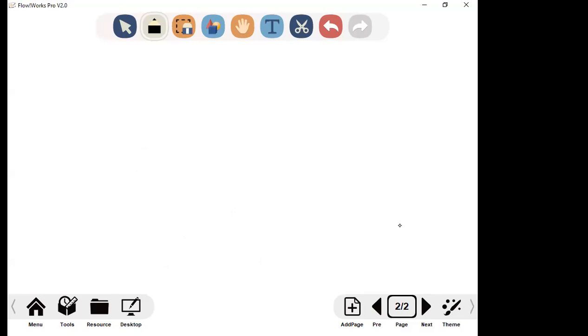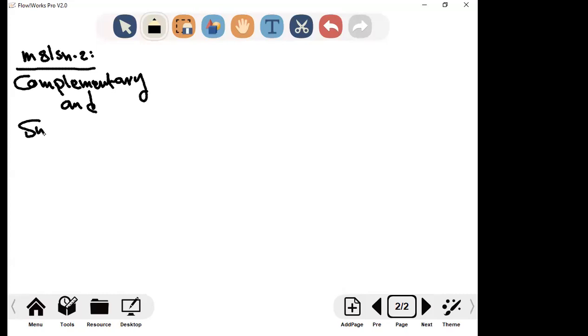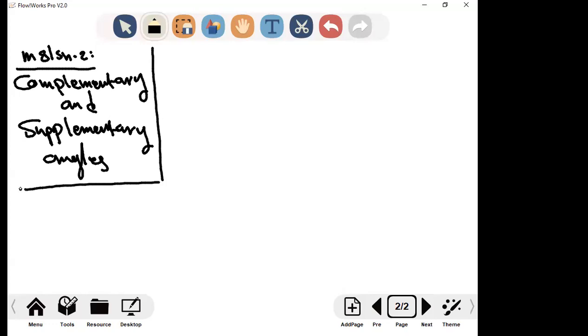So module 8, lesson 2, complementary and supplementary angles. We are on 5 January and page 406, right?